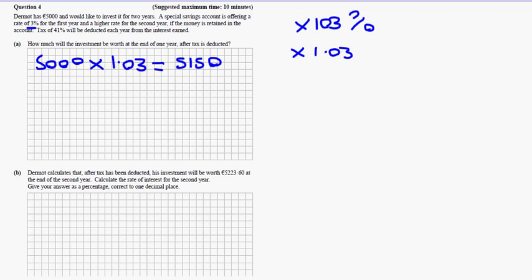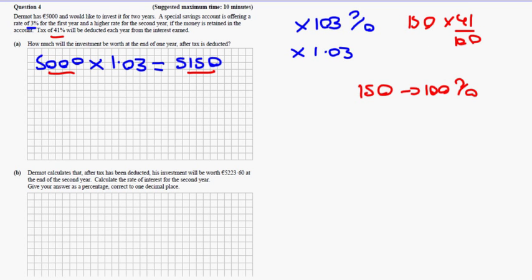Now we've made €150 extra, so this €150 we've got to take away 41% of it. So this is 100% of our interest earned, so we're going to get 41% of 150, so it's going to be 150 multiplied by 41 over 100, and then we're going to take it away.